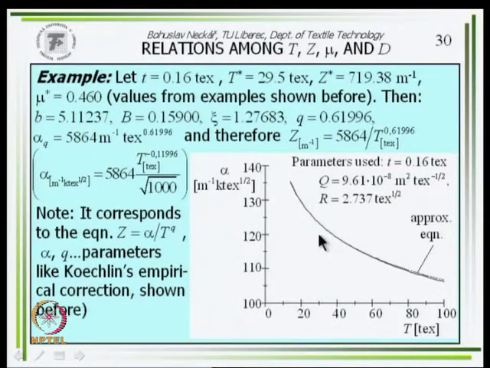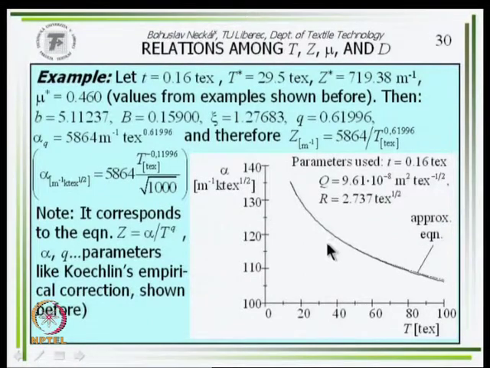Two lines: one is the original theoretical equation, the second is the approximation. Over a large interval, both versions are not identical, but practically the same. Very good for application.